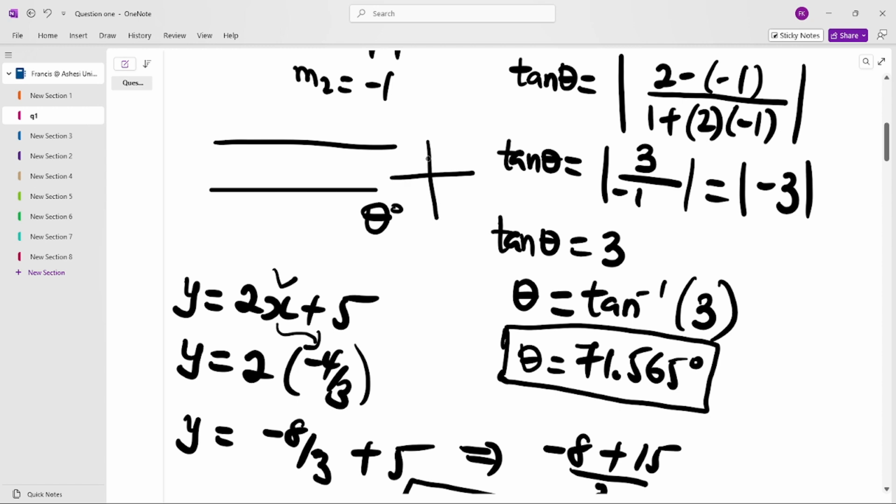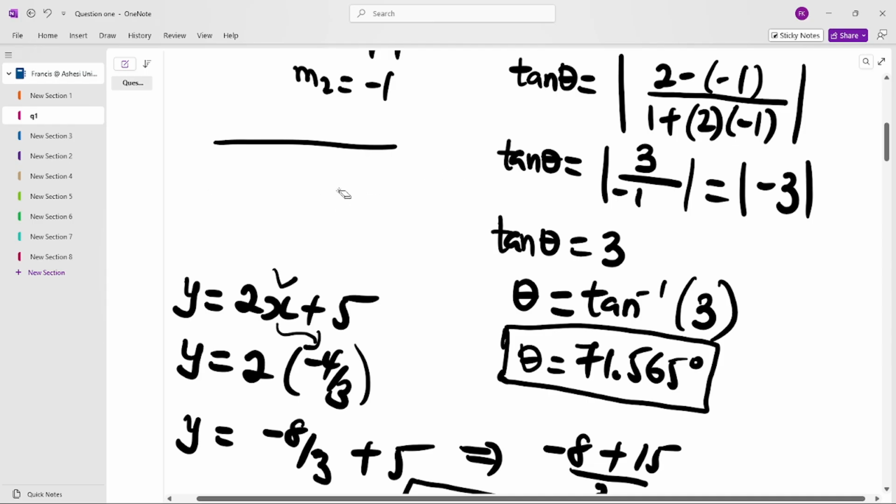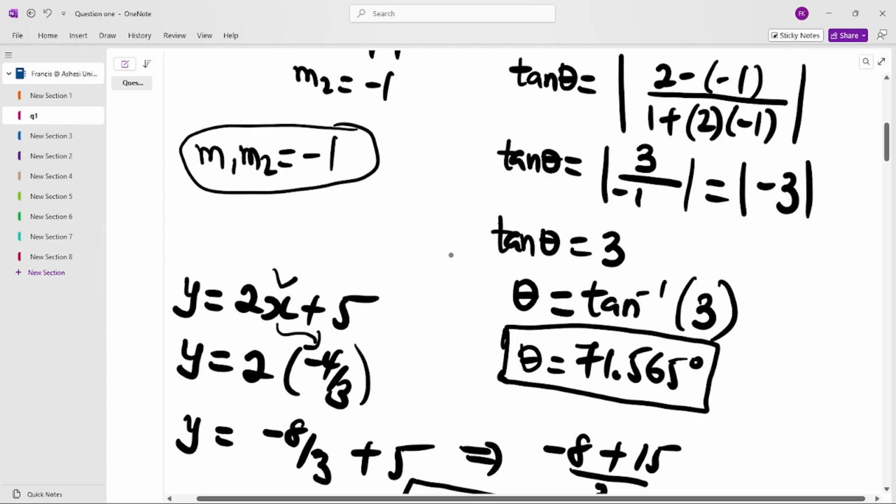Yeah, if two lines are perpendicular, the angle between them is 90 degrees. So that's what you need to also look at. If the product of the gradients, m1 m2, is equal to -1, then you are going to have perpendicular lines.